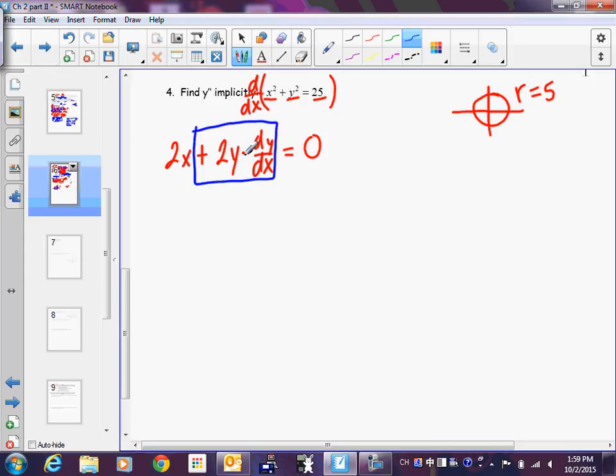And since I took the derivative of a y term, I got to go times dy over dx. It's like a little chain rule. Anytime you take the derivative of a y term, times dy over dx. Okay, so I have this thing boxed. That thing is going to stay on the left. So 2y times dy over dx equals, and then this 2x at the beginning needs to be moved over to the other side.